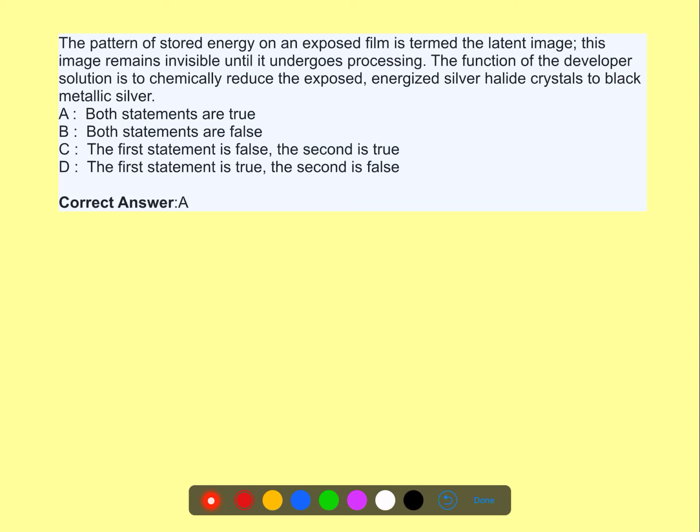And these are also statement questions. The pattern of stored energy on an exposed film is termed as a latent image. This image remains invisible until it undergoes processing. So you all know that stored energy will form a latent image, and this latent image is developed into the diagnostic image after it undergoes processing. Then the second statement: the function of developer is to chemically reduce exposed silver halide crystals to black metallic silver.